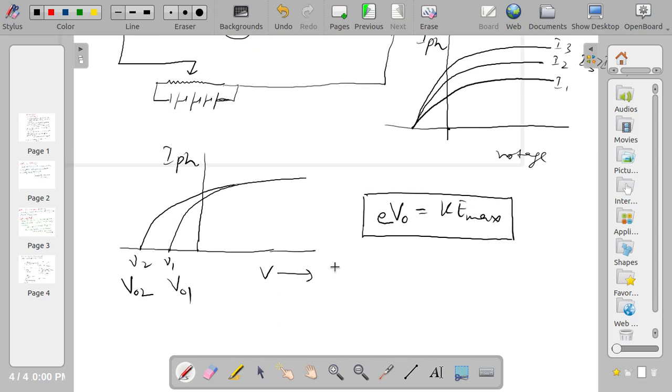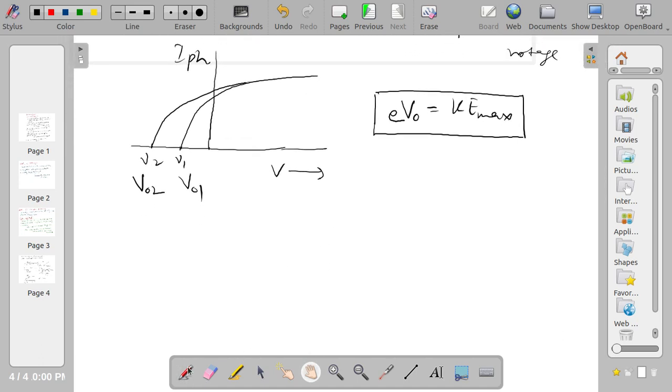Another very interesting graph which we will obtain is this: this is the frequency. As we increase the frequency, the kinetic energy of the electron, or in other words eV0, the stopping potential, increases.